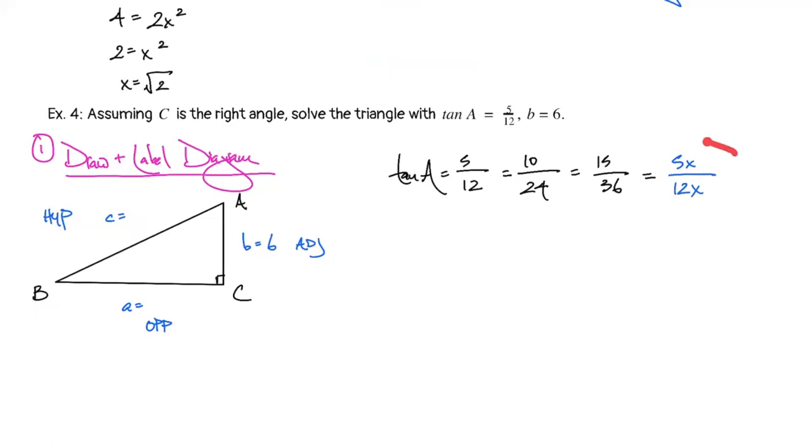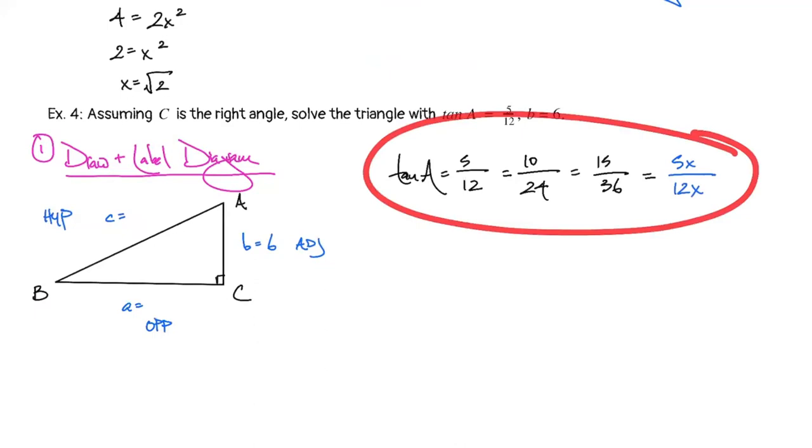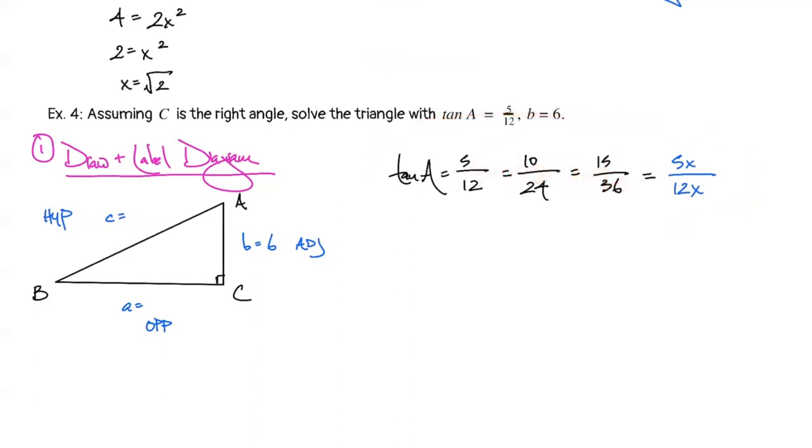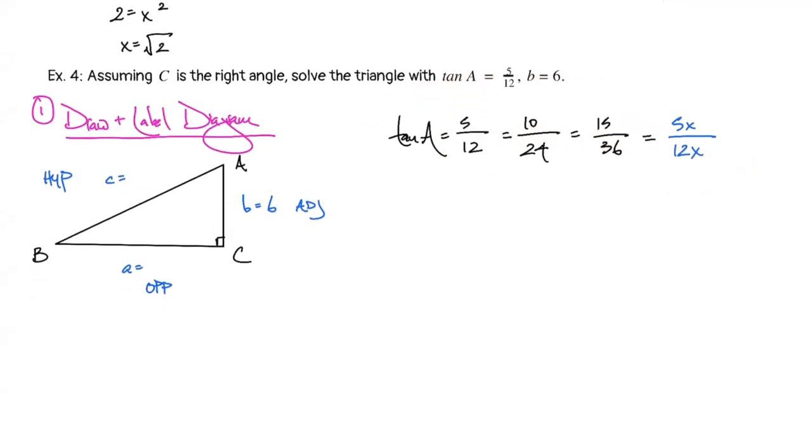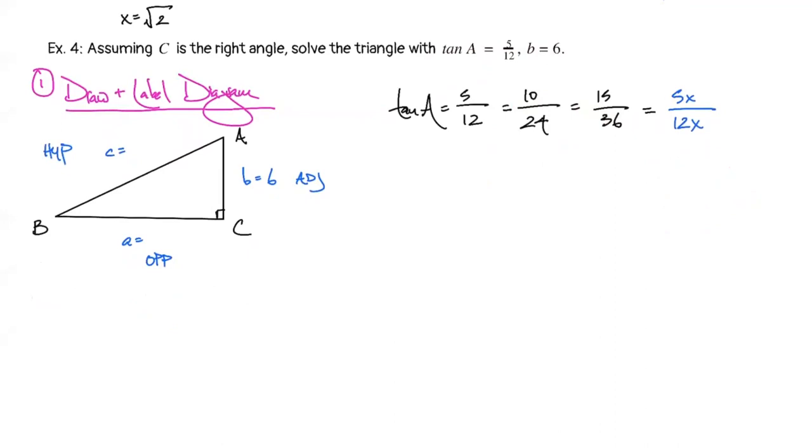Okay. This is the reasoning that I'm looking for right here. You don't have to write all the little ones in between, but to understand why 5 over 12 can be expressed as 5x over 12x, that is important. And once you find that, we can find x.